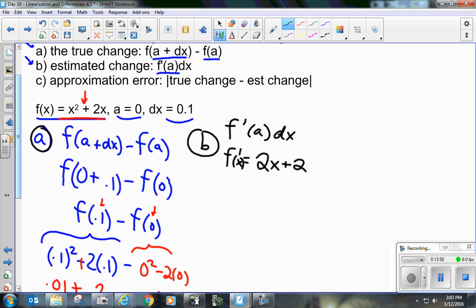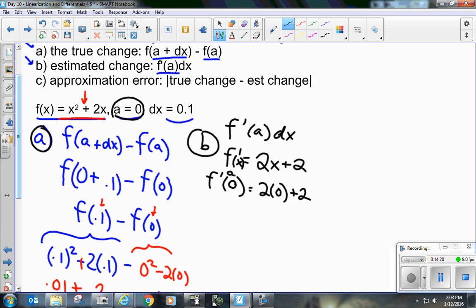That's f prime of x. So what's f prime of a? What's my a value? So f prime of a is f prime of 0, isn't it? Because isn't that my a? So that's 2 times 0 plus 2. What is that? It's 2.